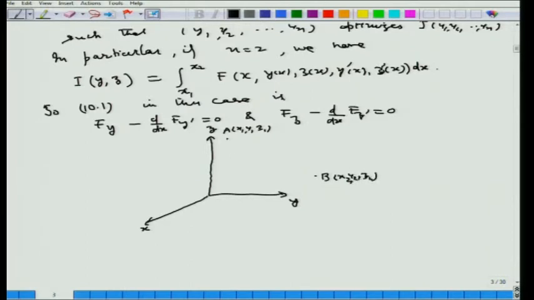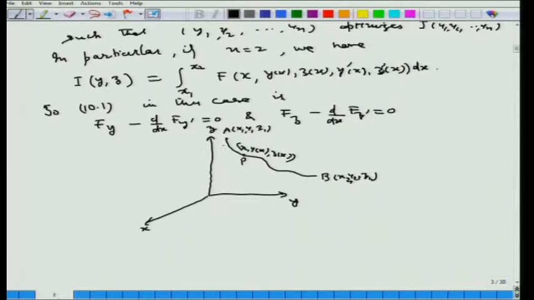So, these are 2 points here. This will be the curve which will be parameterized as x, y(x) and z(x). Any typical point P will have coordinates x, y(x) and z(x).